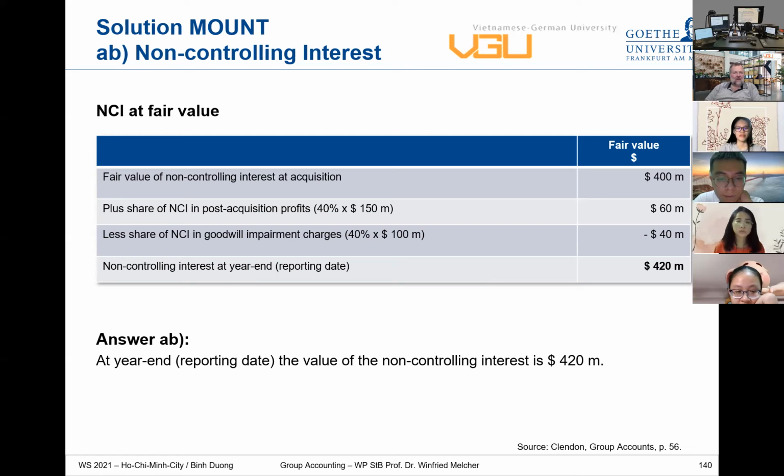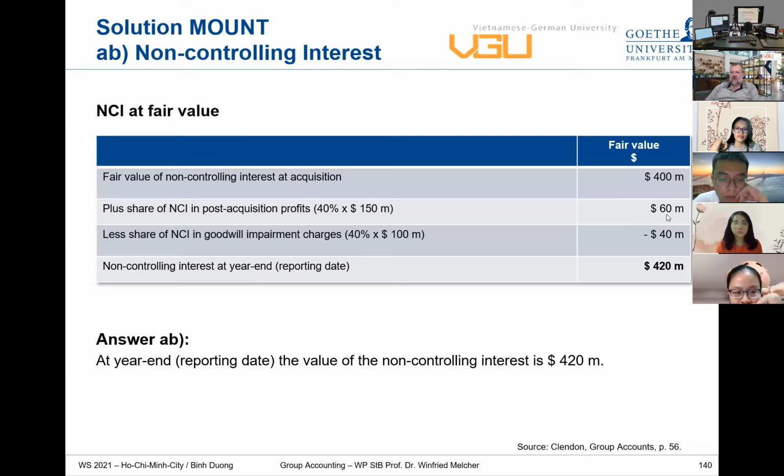And when the dividend is paid to the NCI, that amount, of course, will be deducted from that amount. But when you set up the accounting, this sum has not been paid. So the profit will be increasing the fair value of the non-controlling interests.